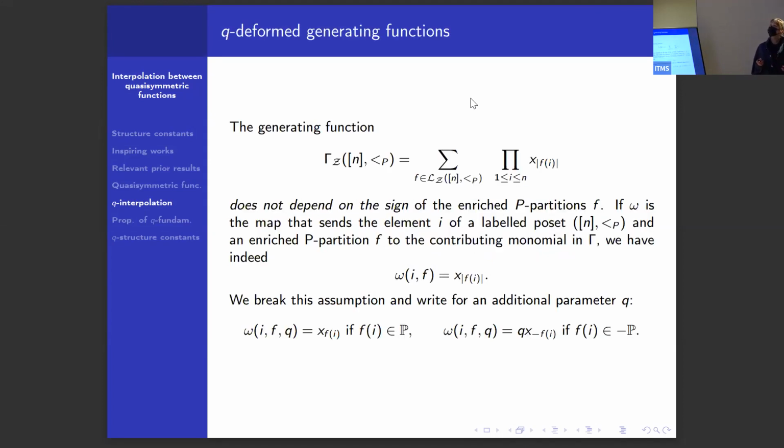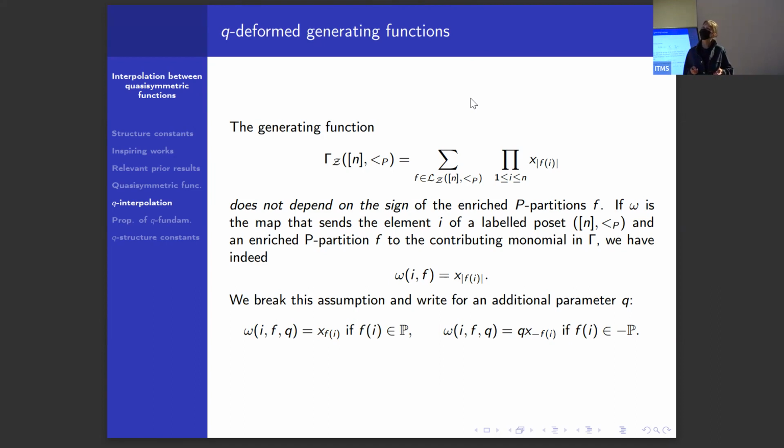To achieve this, let us look again at the generating function for the labeled poset P. What we see is that this definition actually does not depend on the sign of the enriched P-partition f. This is because of the absolute value in the indices of monomials in the definition of Stembridge.